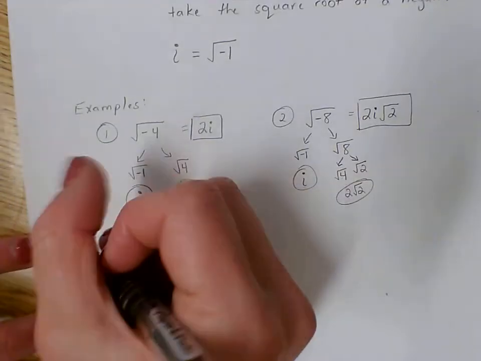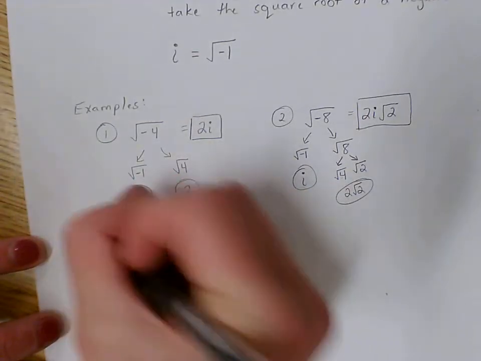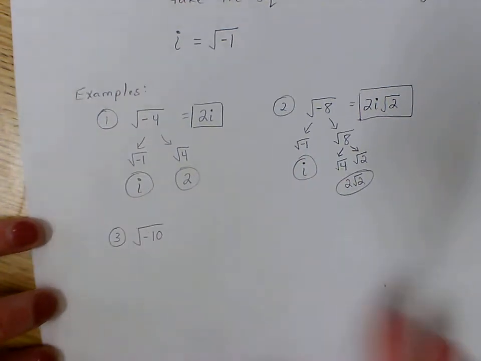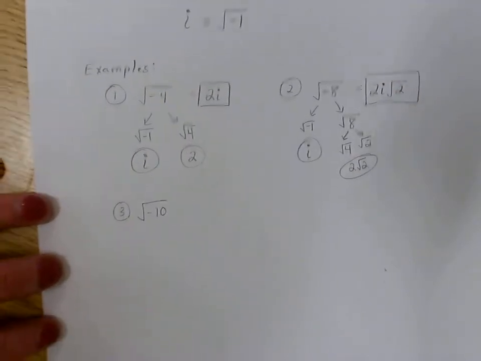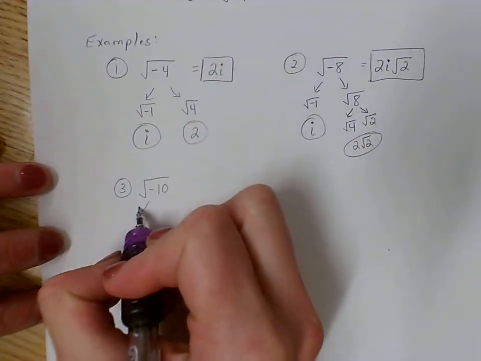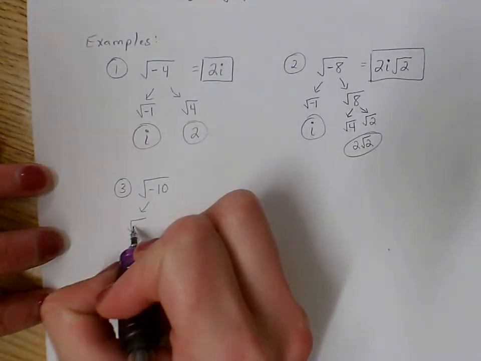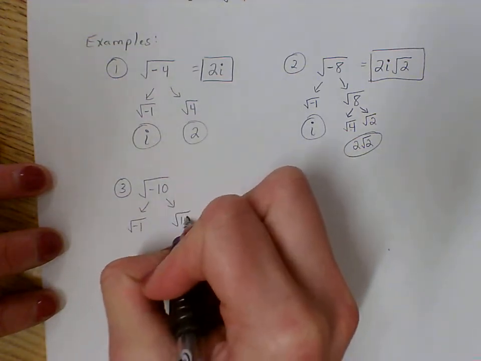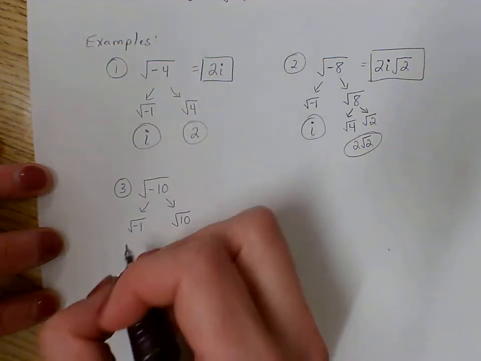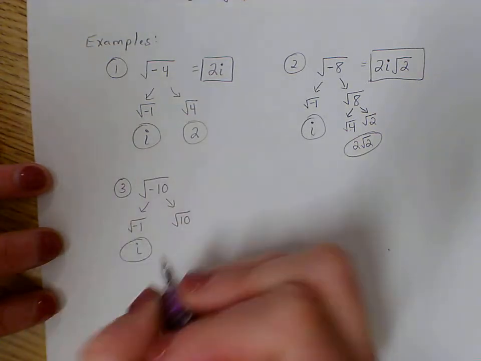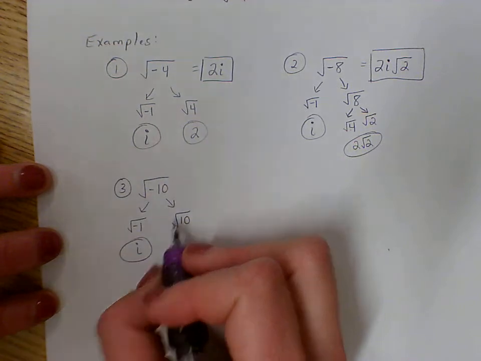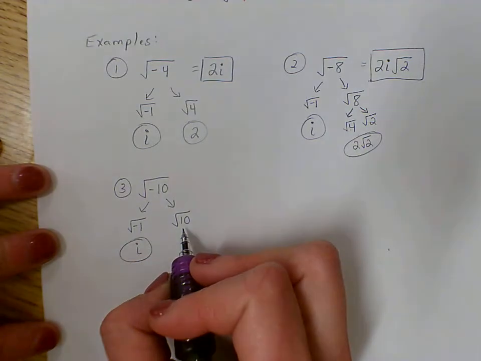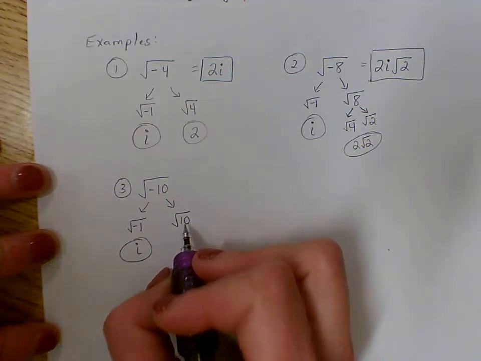What if you had the square root of negative 10? Okay, notice there's a negative under the radical, so we're going to split that up. So we have the square root, and we pull out our negative 1, and then we have the square root of 10. The square root of negative 1 is i, and the square root of 10, well, that's not a perfect square, and if I think through it, there isn't a perfect square that goes evenly into it other than 1.